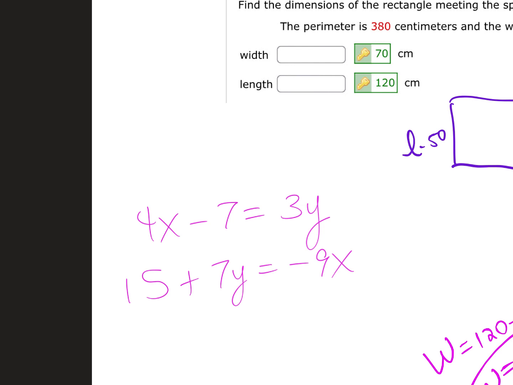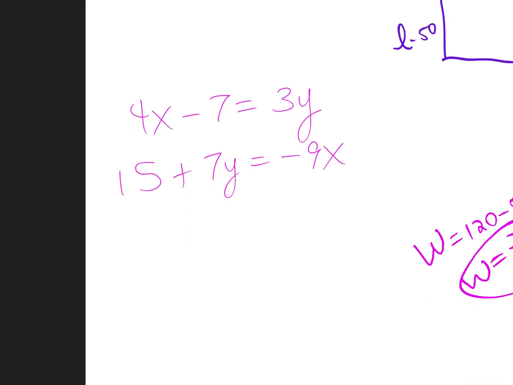Why not? Anytime you go to solve by substitution or elimination, you have to have x's on top of x's. So you'd have to rewrite this as 4x minus 3y equals 7, agreed? And then this would be 9x plus 7y equals negative 15.